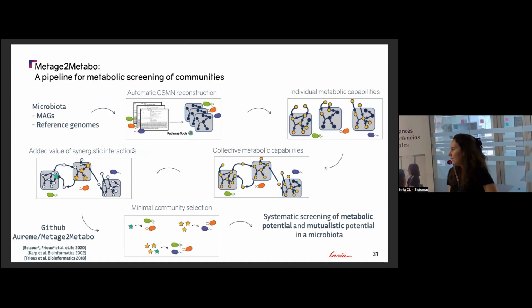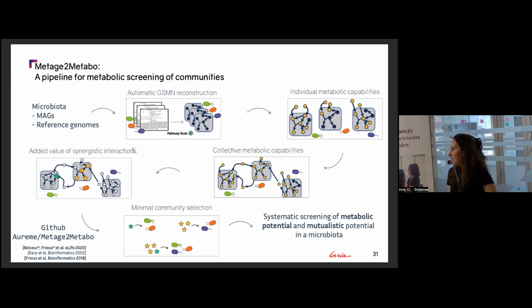So we built a pipeline called MetaG to Metabo that is dedicated to perform screening of metabolic functions in microbial communities. It starts from a description of the microbiome as a collection of genomes. So let's say you have several samples, you will have several microbial compositions, so several runs of this tool. Metabolic networks are automatically reconstructed.